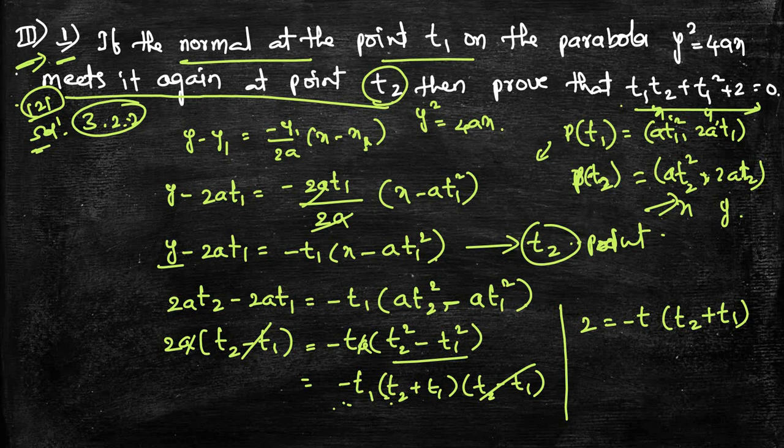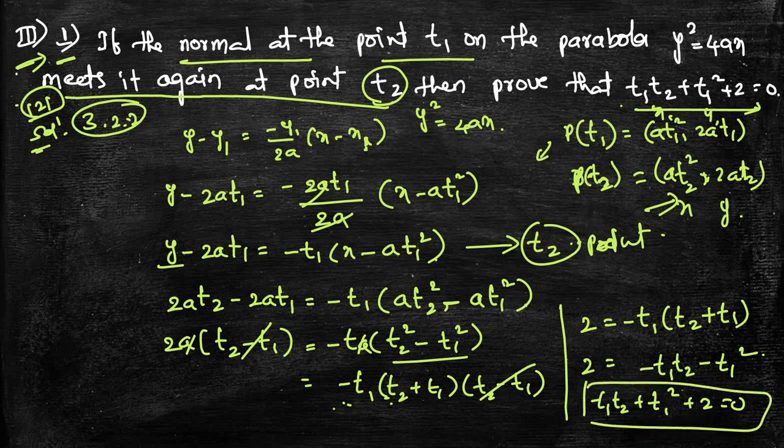So 2 is equal to minus t1 into t2, and minus t1 whole square. Bringing everything to the left side of the equation, it becomes t1 into t2 plus t1 square plus 2 is equal to 0, which is what we have to prove. Now moving to the next question, the second one.